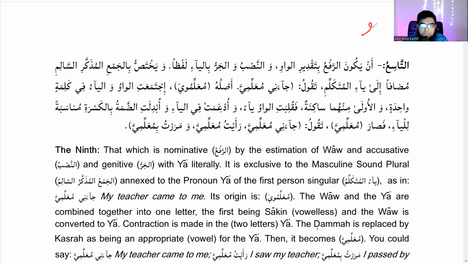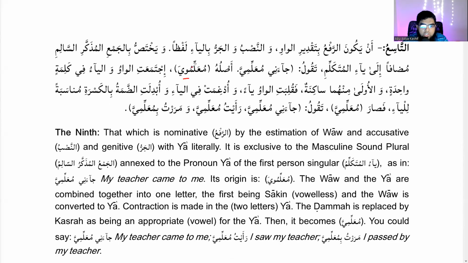And the previous letter had a dhamma, right? معلمويا. So first we change this into a ya, and then change the dhamma into a kasra, for suitability with the ya. فصار معلمية. And so it became معلمية, my teachers. تقول جاءني معلمية. رأيت معلمية.